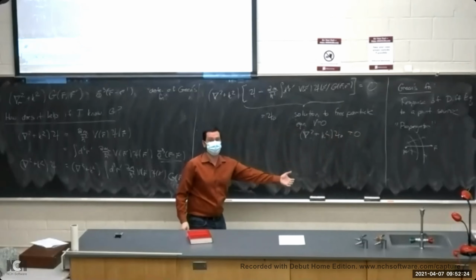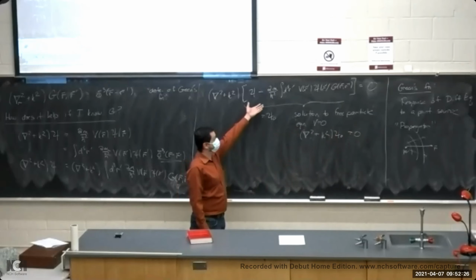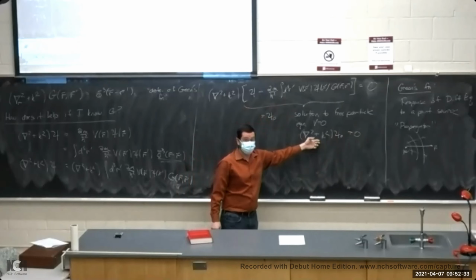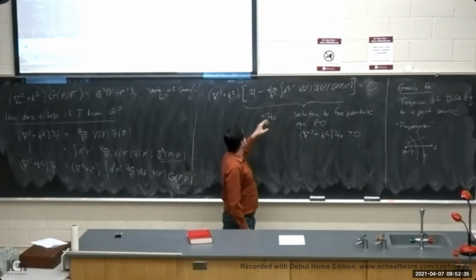That's the homogeneous equation. So this is a way of building solutions to the inhomogeneous differential equation with some potential V out of the solution to the homogeneous equation, which you know, and then constructing it order by order in the source.